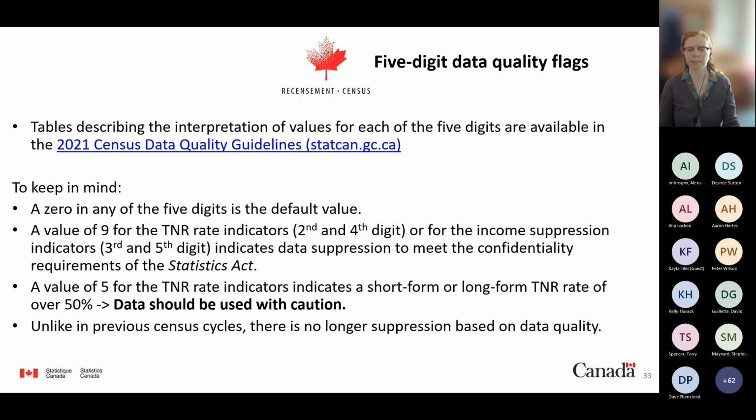So in past census cycles, there was suppression based on data quality, which meant that in those rare cases where there was a TNR rate of over 50%, data would be suppressed. For 2021, quality-based suppression was eliminated. So that means the user has the choice of how to use the data in the case of high TNR, but we do advise caution in those cases.